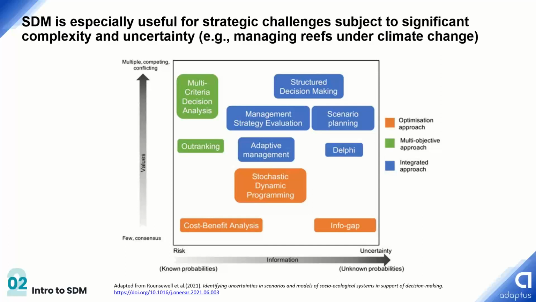And what makes these challenges unique is that they are typically subject to multiple competing and conflicting objectives or values. So there are different perspectives on what we're trying to achieve or what the desired outcome might look like. But there's also a lot of uncertainty in terms of the relative performance of those choices, or how those choices might perform under different conditions.